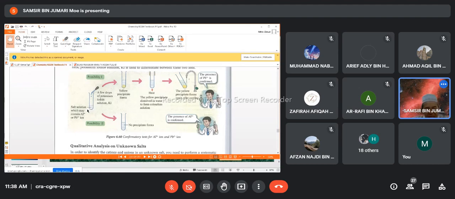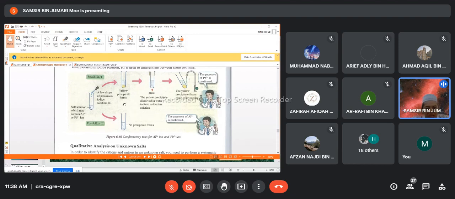solution. Okay. We can use the reagent, the first one using the potassium iodide solution. Another one, it is stated here.